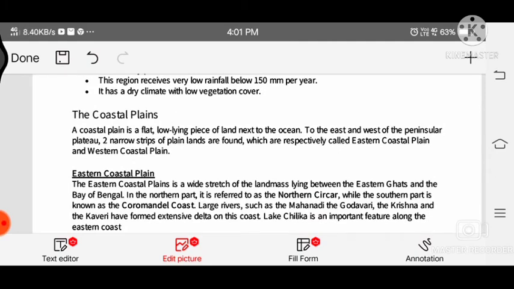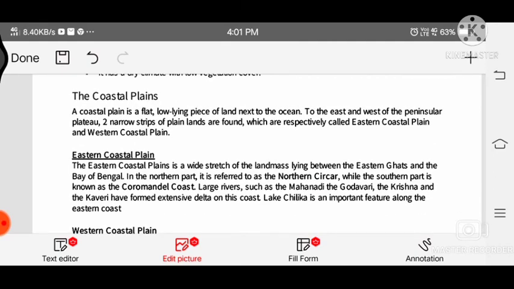Now we come to coastal plains. So what are coastal plains? A coastal plain is a flat, low-lying piece of land next to the ocean.